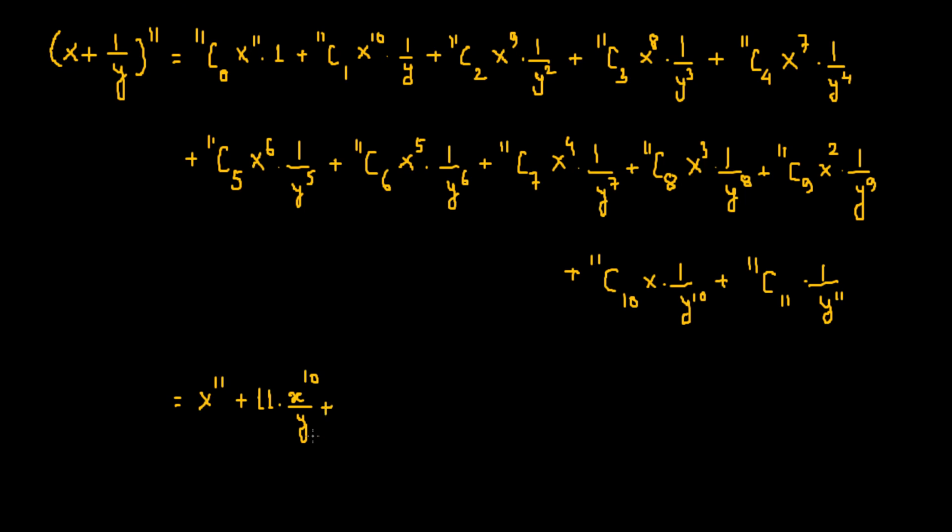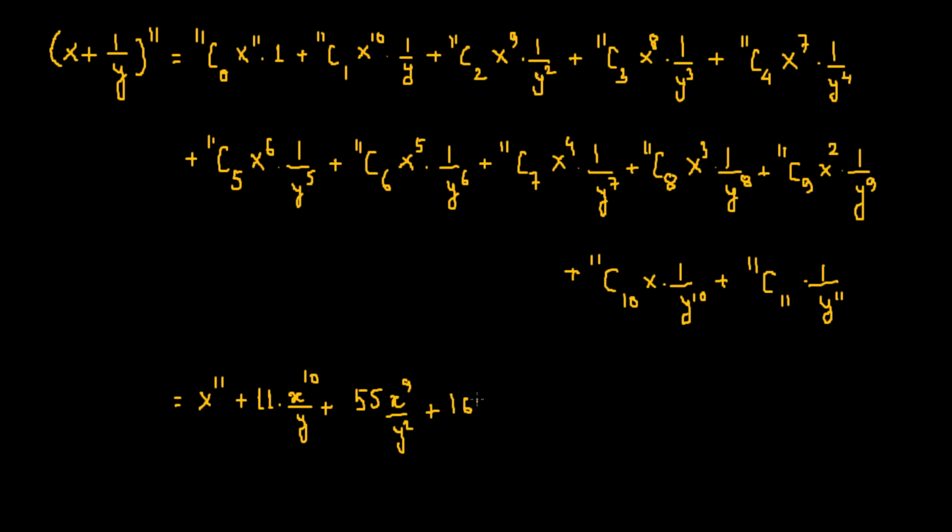Okay, use my calculator. 11c2 is 55. So this is 55 x raised to the power 9 over y squared plus 11c3. So 11c3 is 165.